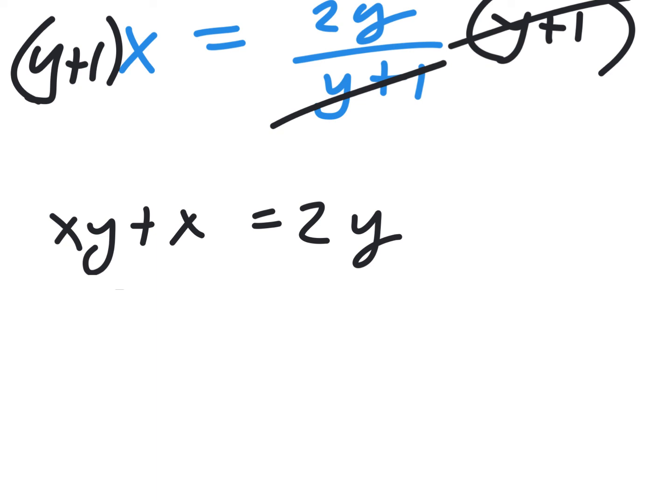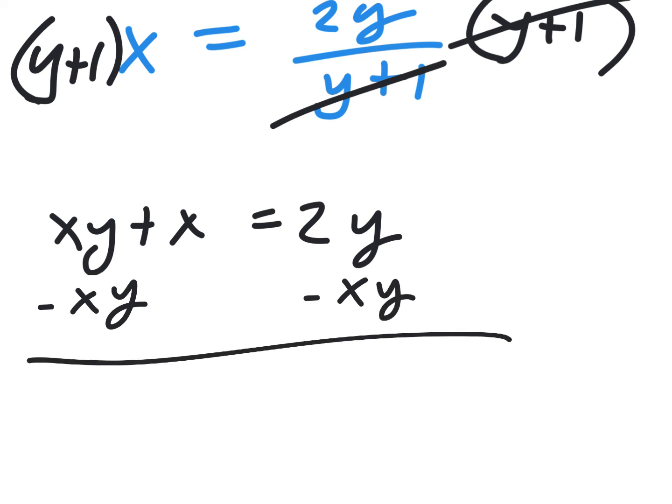Now, the fastest way is to subtract xy on both sides. There's another way, but I want to do it in one step. Now the y's are both on the same side. Don't freak if you put them on the other side, but then you have an extra step. You'd have to get rid of the x. I can just do it in one step.